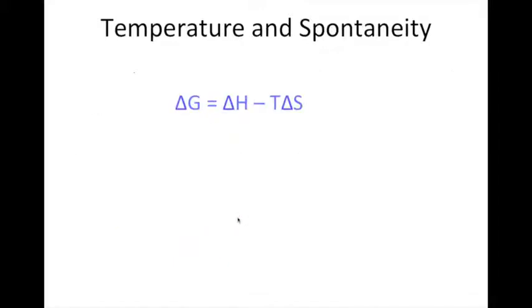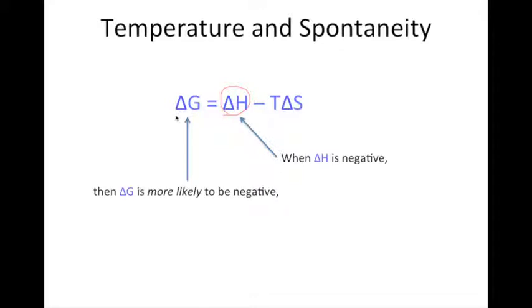And we can see this mathematically if we look again back at our delta G equation, our Gibbs free energy equation. If the value of delta H is negative, then that tends to make delta G negative.